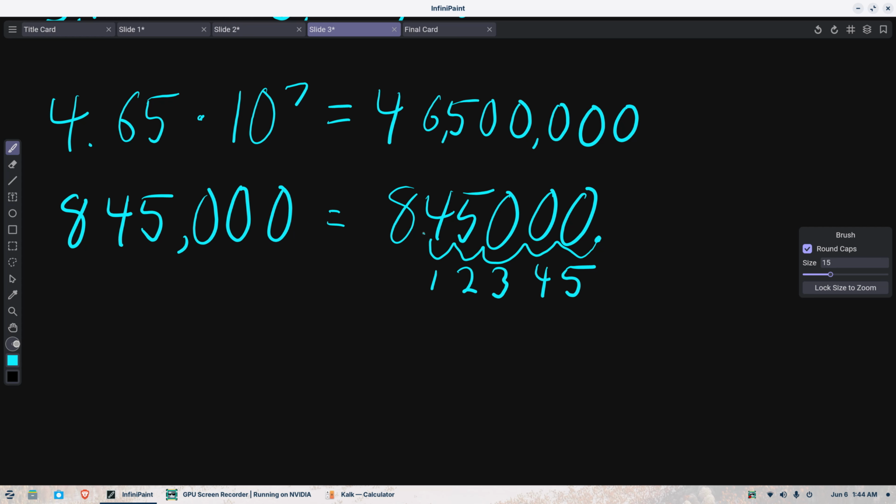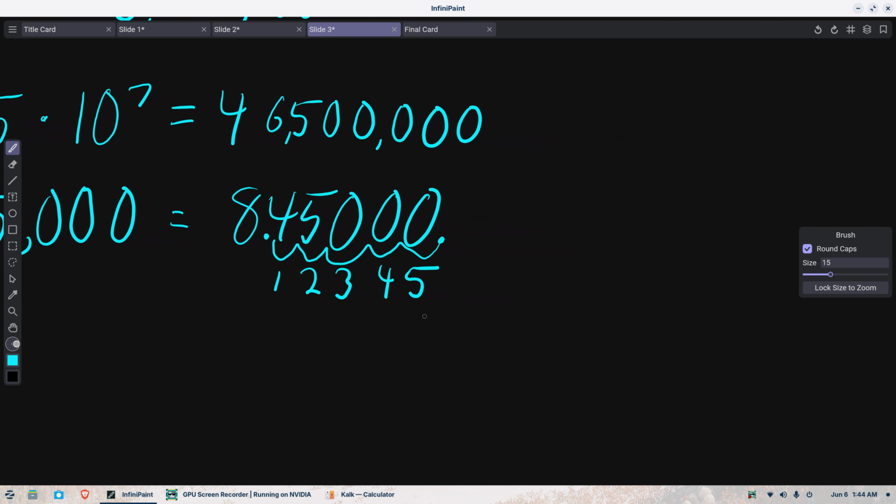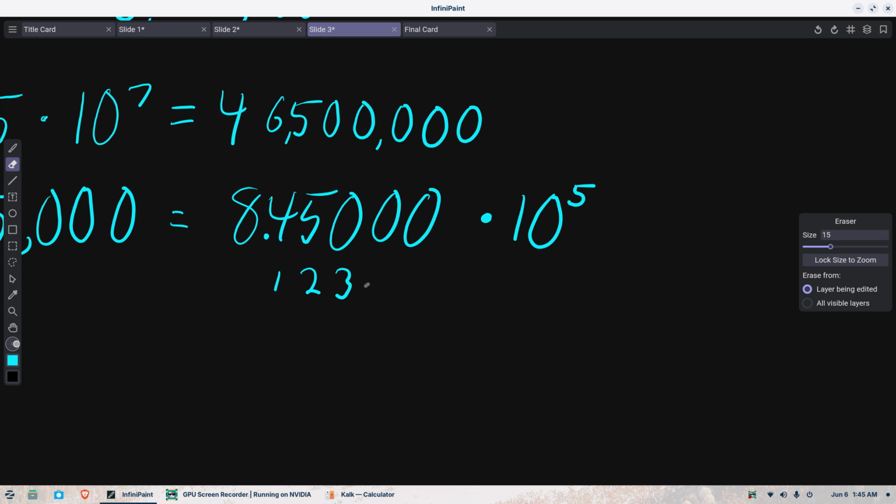And this is where our decimal point is going to fall. So we have 5 jumps, and we are going to create a base of 10. We're going to multiply what we have by a base of 10, and we are going to make 5 the exponent, because that is the total number of jumps that we've used.